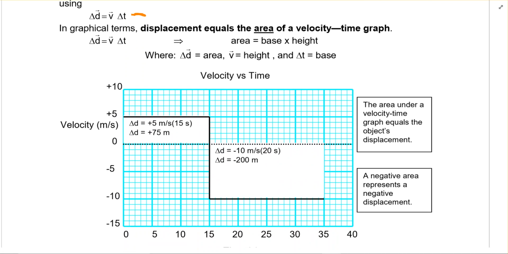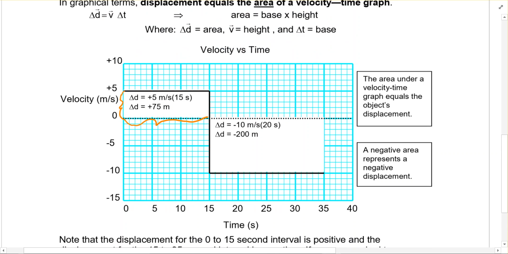What was the velocity at that point? Well, it was 5. The time from there to there was 15. So if I go 5 times 15, what I'm really doing is figuring out the area of this thing. So the area under a velocity time graph is displacement. You're going to need to know that for sure.